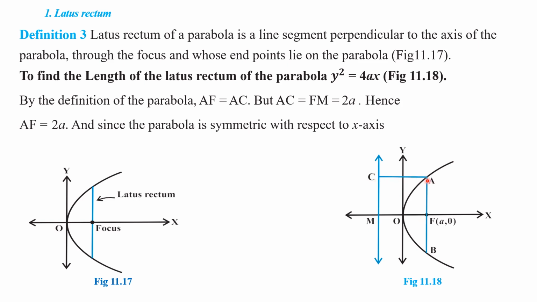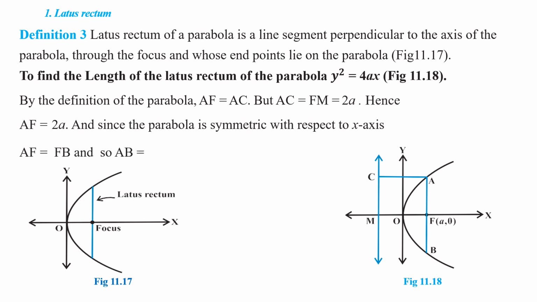But here the AC length is 2a, because AC is equal to FM, as it is a rectangle. So AC is equal to FM, that is equal to 2a. Hence AF is also 2a. Understood this point, my children? And the parabola is symmetric with respect to the x-axis. Right.